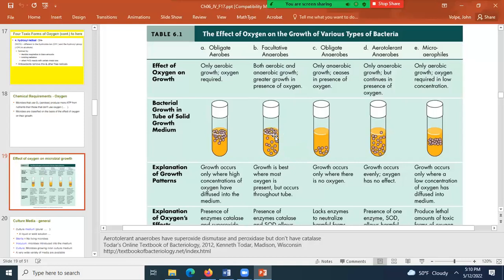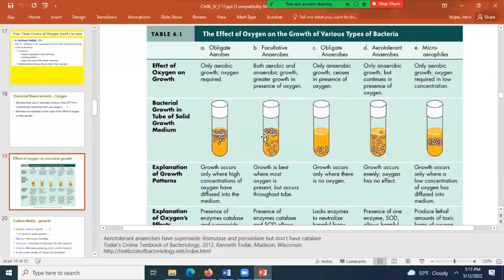However, if oxygen is present, they will perform aerobic respiration. And as you know, aerobic respiration is more efficient than anaerobic respiration. So they will have the most growth at the top of the tube because they can make more ATP with aerobic respiration than with anaerobic respiration.